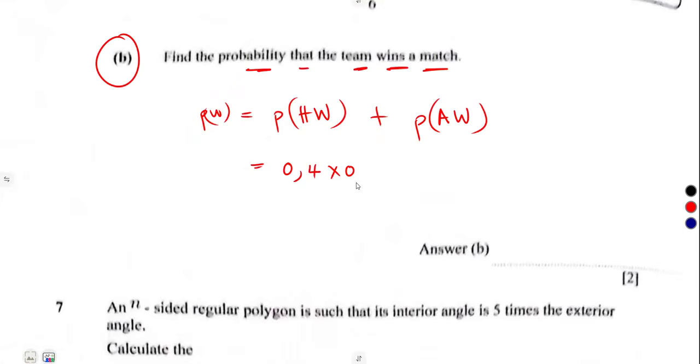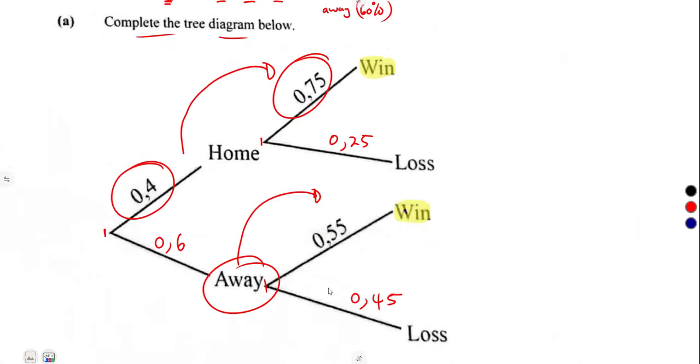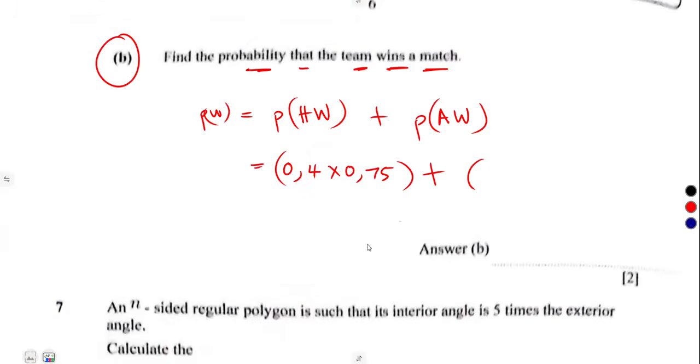0.4 times 0.75. Then plus away and they do win. So they are away and they win here, right? So that's 0.6 and what? 0.55. So those are the ones that you're going to multiply, 0.6 and 0.55.